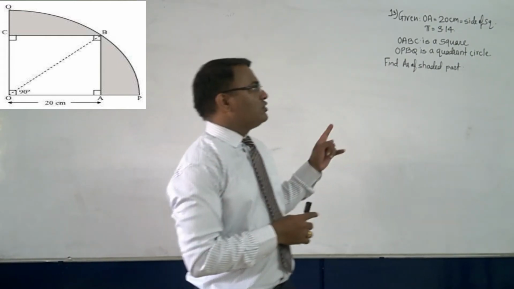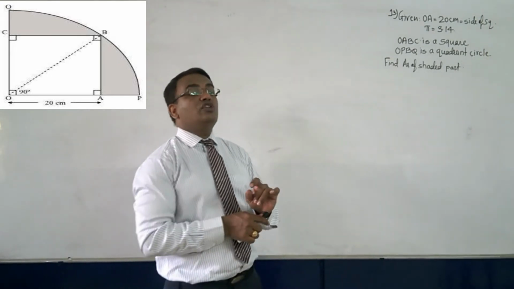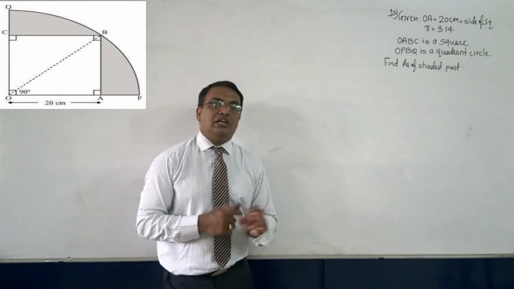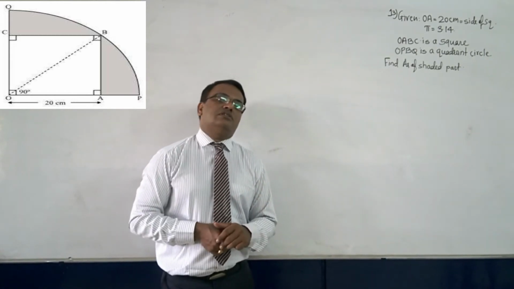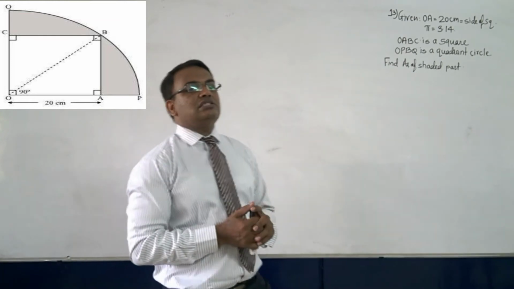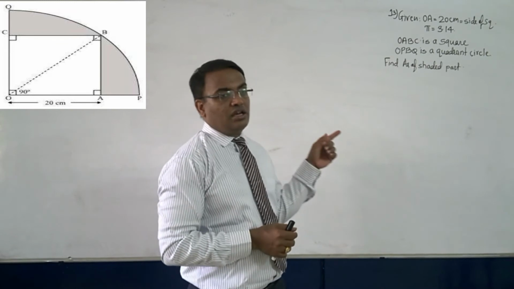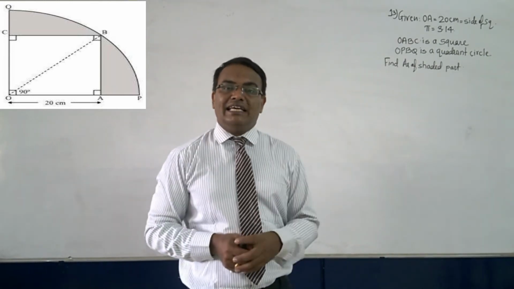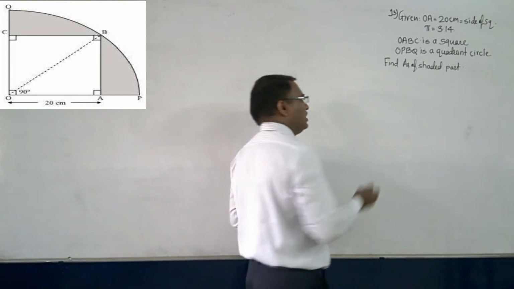Now finding area of the square is easy because 20 into 20 we have to do. What about the area of the quadrant? That is pi r square divided by 4. So we should know the radius first. And how can we find the radius? As we know, the diagonal of the square will be acting as a radius.